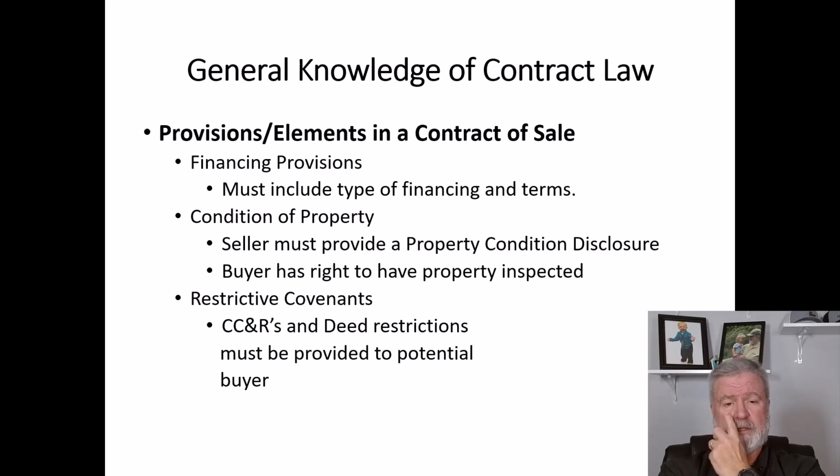But in addition to deed restrictions, you've got to look at your conditions, covenants, and restrictions, especially if you've got a mandatory homeowners association, an HOA. You need to get a copy of those restrictive covenants to make sure that there's nothing in there that the buyer can't live with.